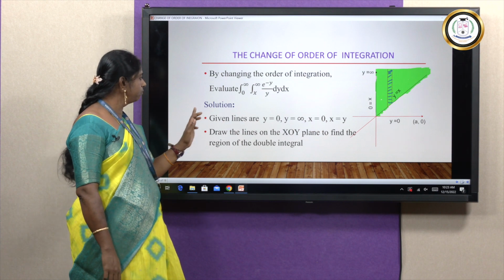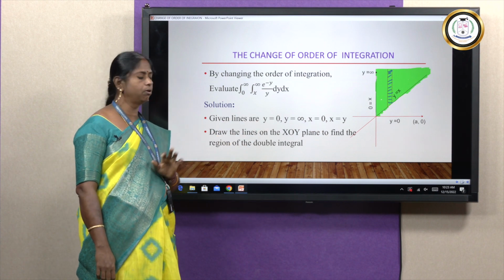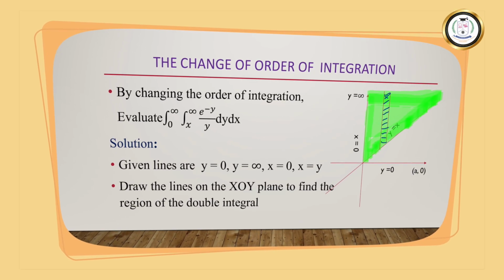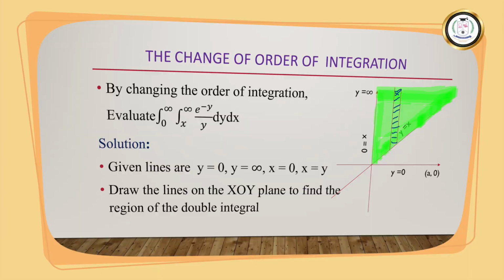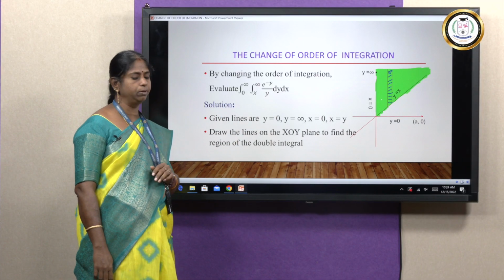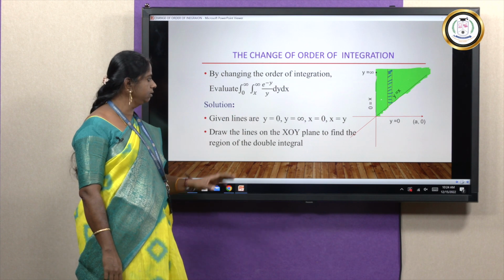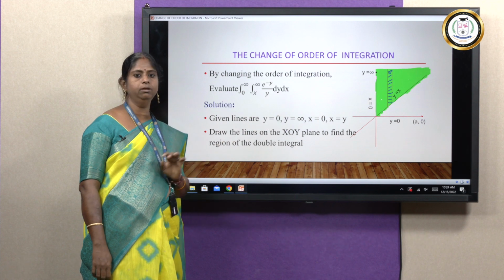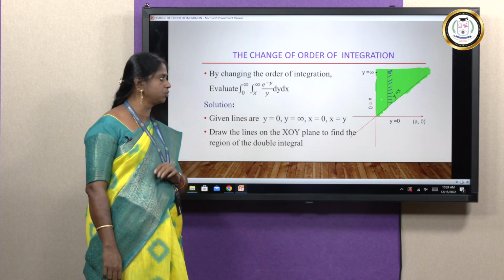Now you can write the 4 equations of those limits. So y equal to 0, y equal to infinity, x equal to 0, x is equal to y. Now I will take these 4 equations on my xy plane. So the xy plane is taken, you already know x is equal to y is the line passing through the origin. So that line is drawn.